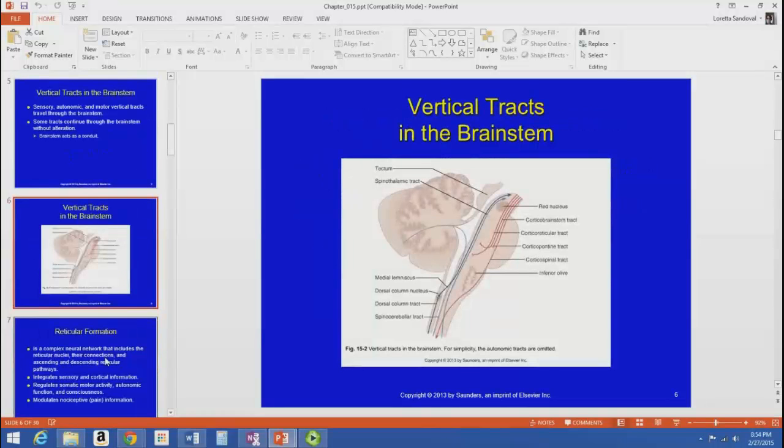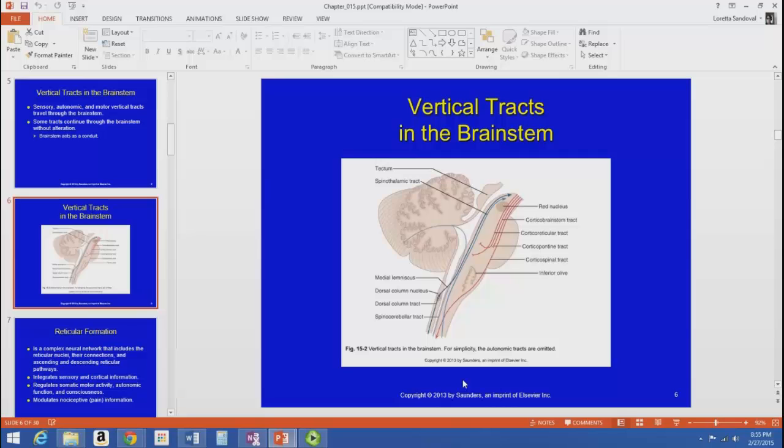Okay, so there's a little picture here of the vertical tracts. It only has the sensory and motor tracts, just to simplify. It doesn't have the autonomic tracts, and so the sensory tracts are the blue and green ones. The motor tracts are the red ones.